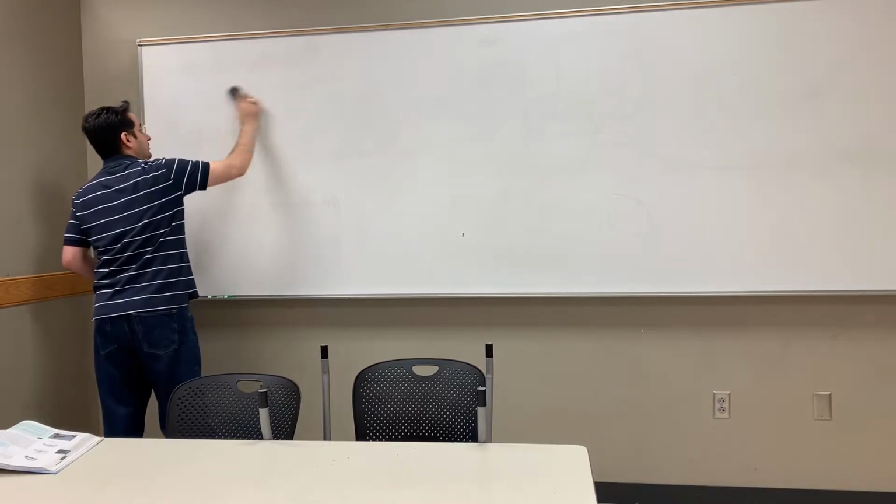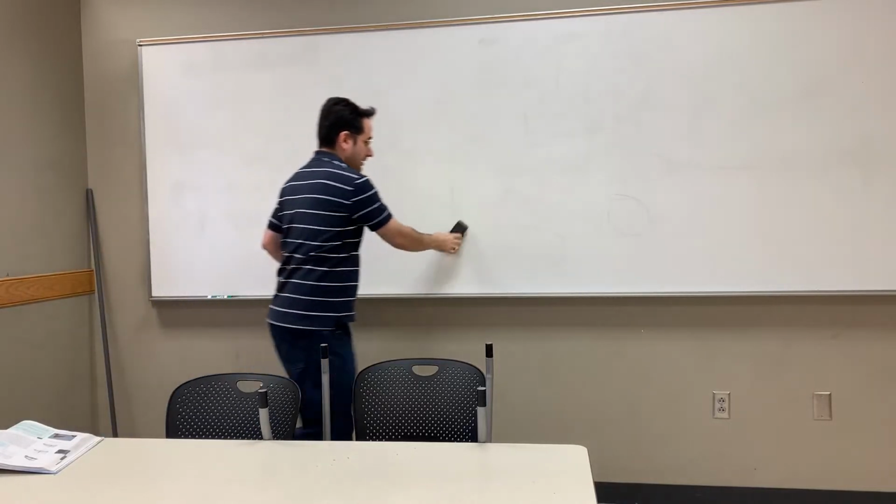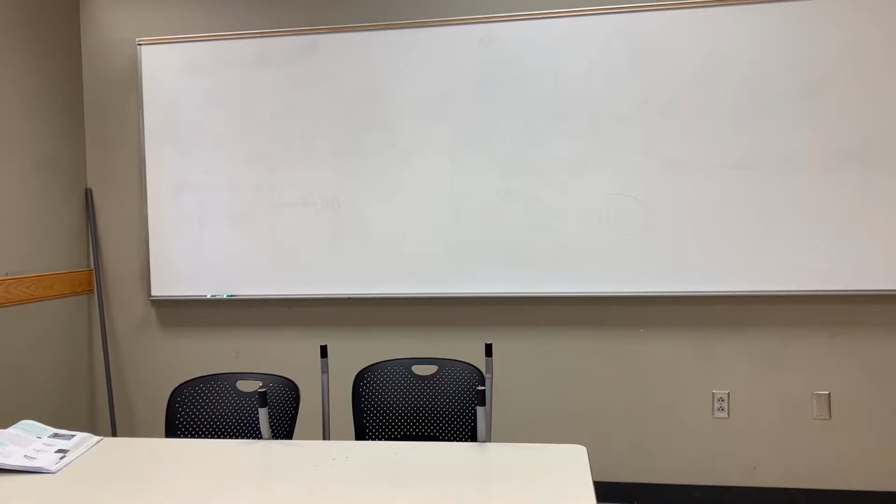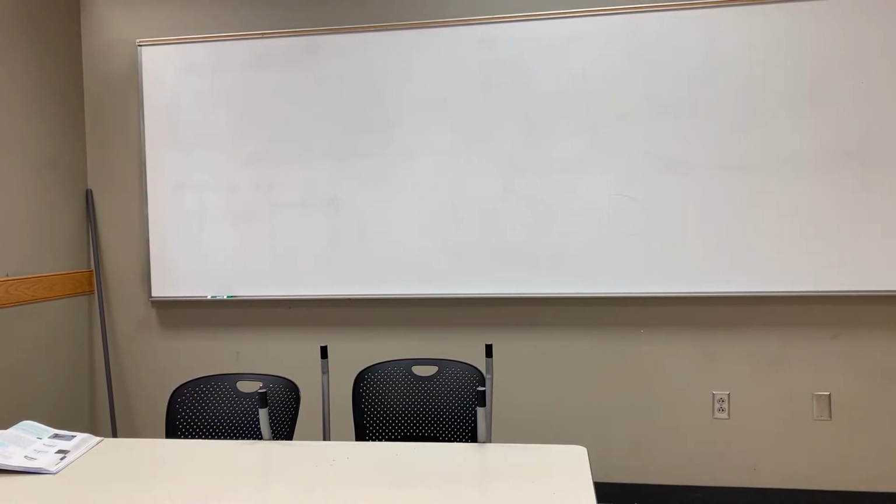Now I want to give you an example of what we're going to do after chapter 4. In fact, after the midterm, we're going to have actual problems, and the solution procedure is a little bit longer.